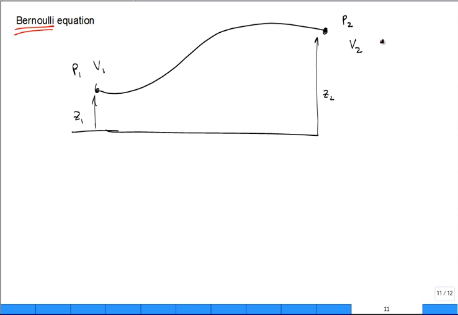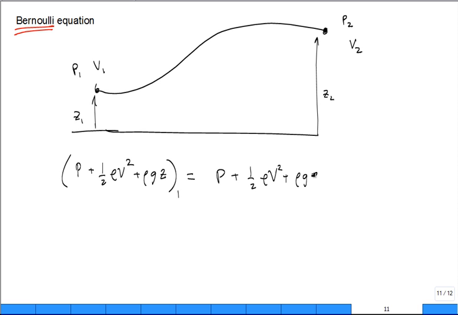Does this remind you of Bernoulli's equation? Something that said that the pressure at any point plus 1/2 rho v squared at any point plus rho gz at any point along that path, let's say at point 1, compared to the pressure plus 1/2 rho v squared plus rho gz at the end point or any point, is a constant.